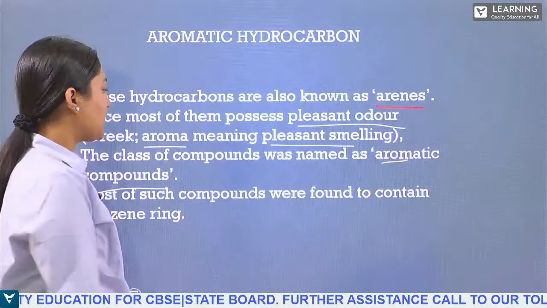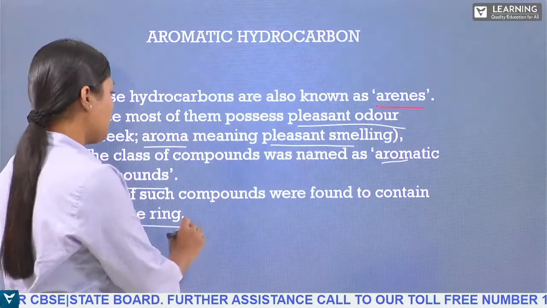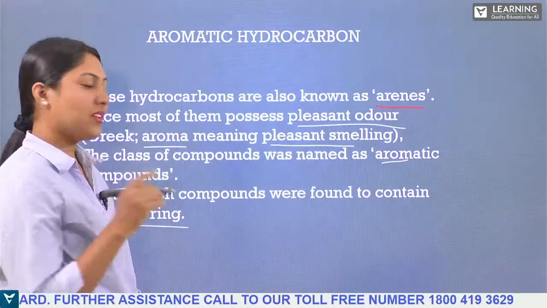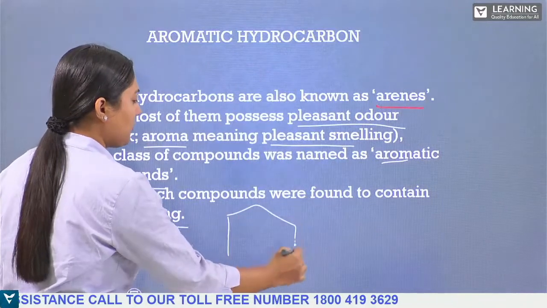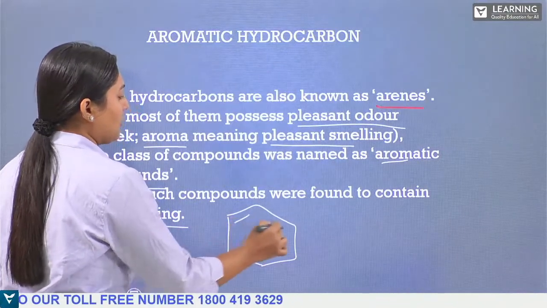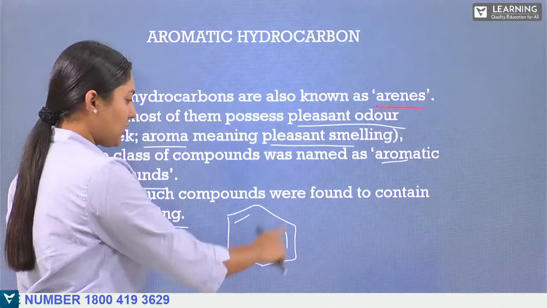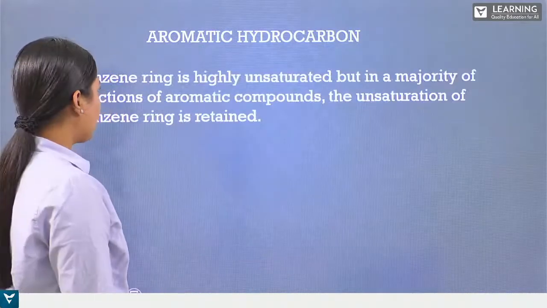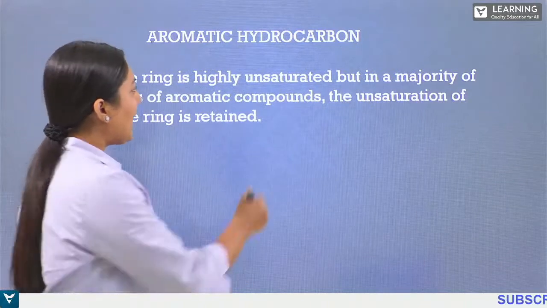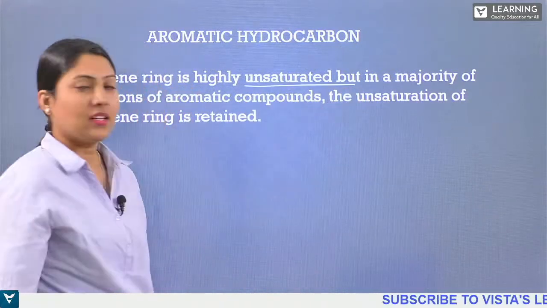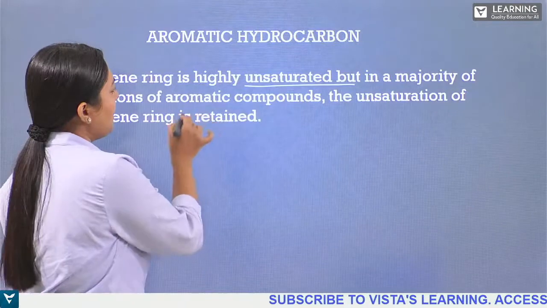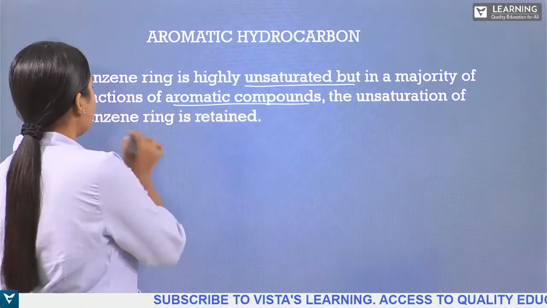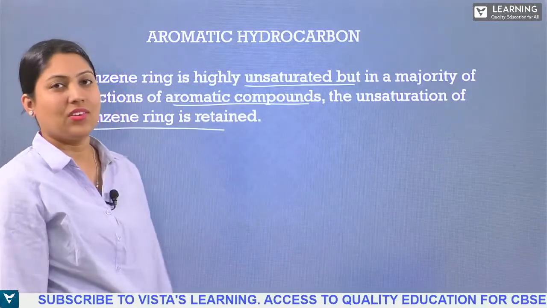Fine. Most of such compounds have a benzene ring. What is the benzene ring? If they have this hexagonal structure with alternating single and double bonds, then we call it a benzene ring. The benzene ring is highly unsaturated, but in a majority of reactions of aromatic compounds, the unsaturated benzene ring is retained.